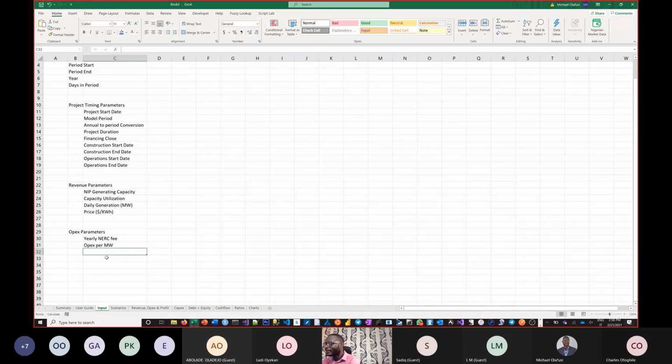I'm going to leave that part and move on now to the Capex. So for the Capex parameters, we have to write out the plant we are going to create. Maybe we're into renewables, so maybe we're going to set up wind turbines, a wind farm.